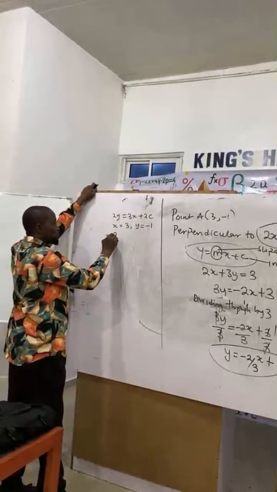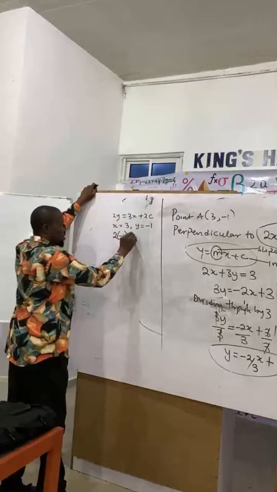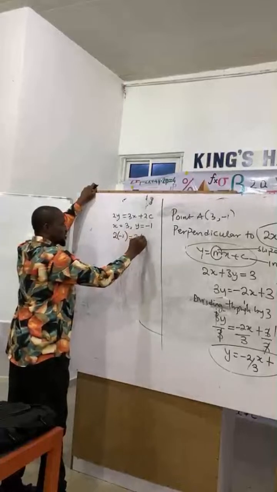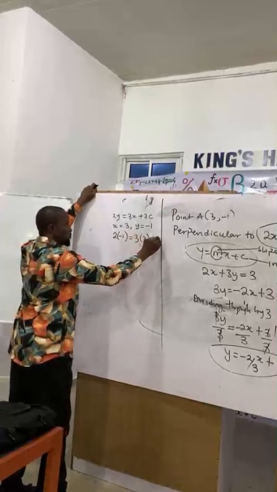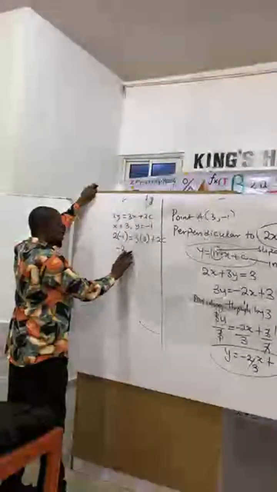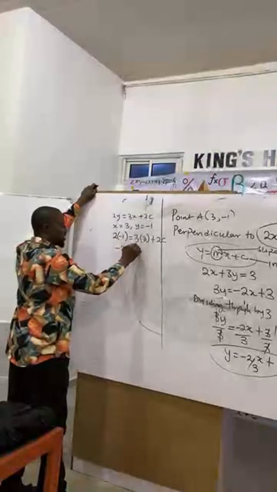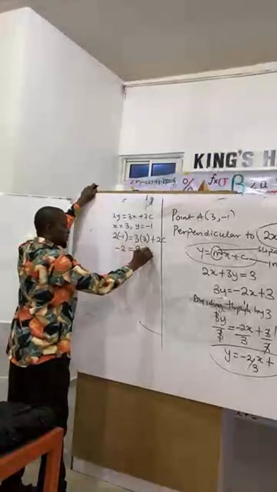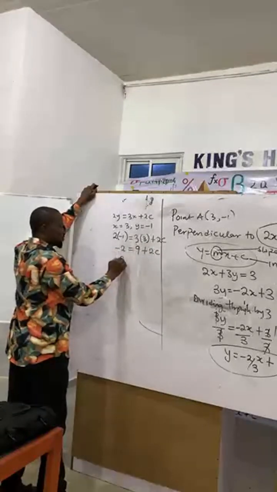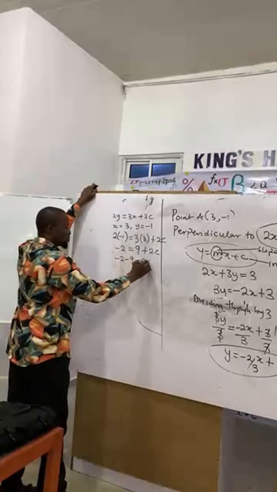So that means 2 into minus 1 equals 3 into what is x? Plus 2c. So 3 times what? Minus 2 equals what? 3 times 3, 9, plus 2c. And this one comes out: minus 2 minus 9 equals 2c.